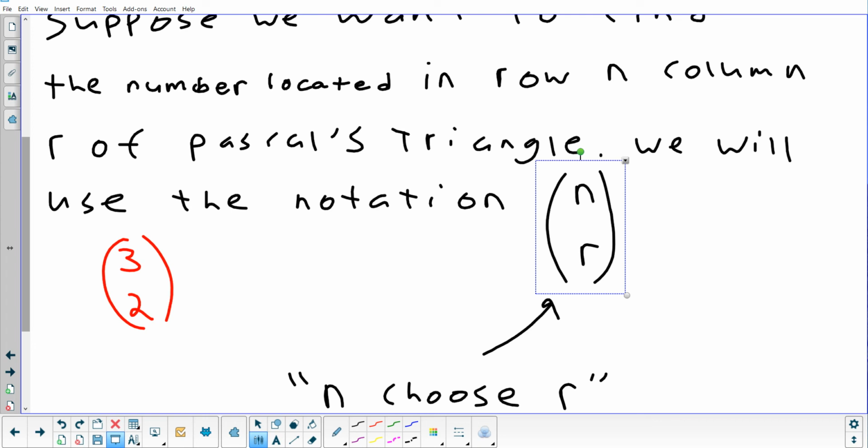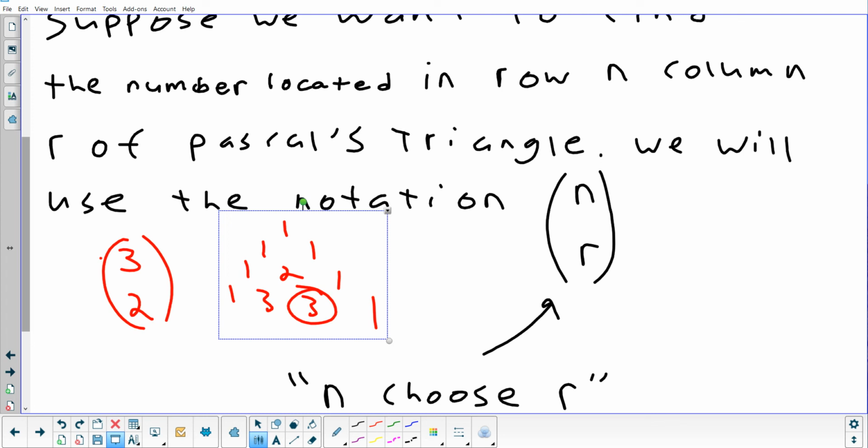So if you go to row 3, column 2 in Pascal's triangle, 0, 1, 2, row 3, column 2 tells you there were 3 ways to do it. If you went to row 5, column 3, that would be like saying I have 5 objects you can pick from, and you can take any 3 that you want.